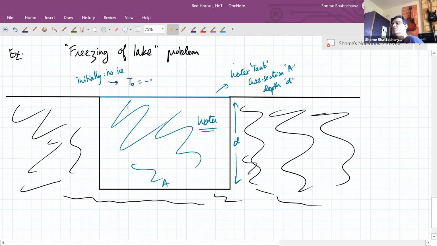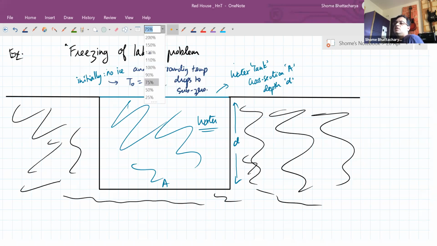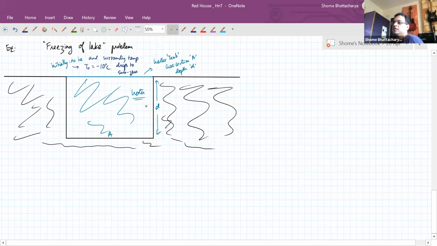It becomes, let's say, minus 10 degrees C. Now, if we assume that the surrounding temperature remains constant at -10, again, that's a bit of a simplification because in real life conditions, the temperature will vary a little bit between night and day and also with other weather conditions, wind, pressure, all these things.